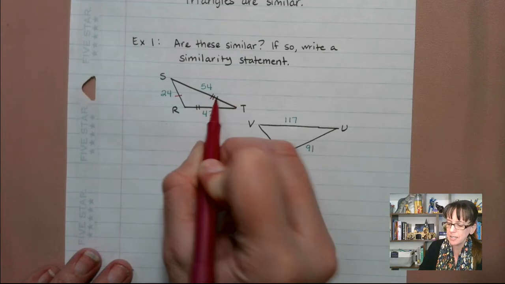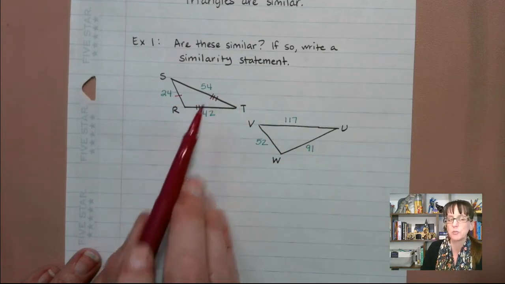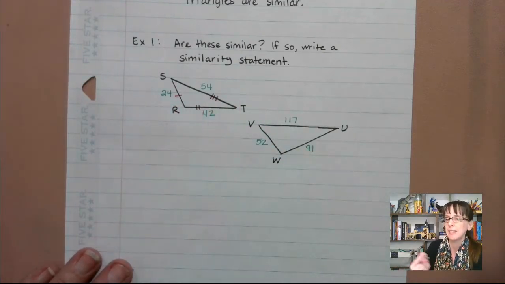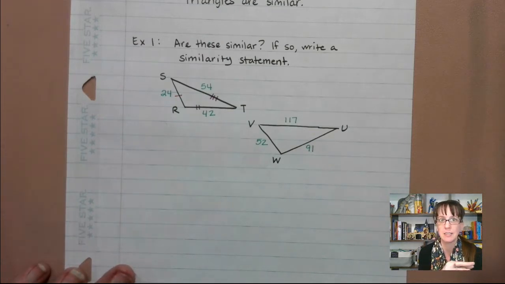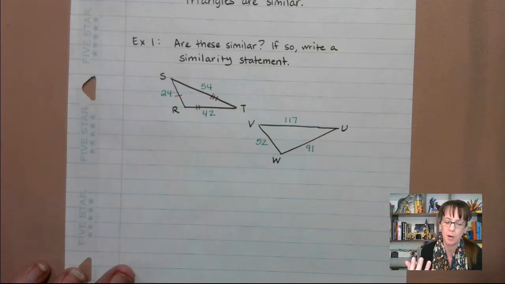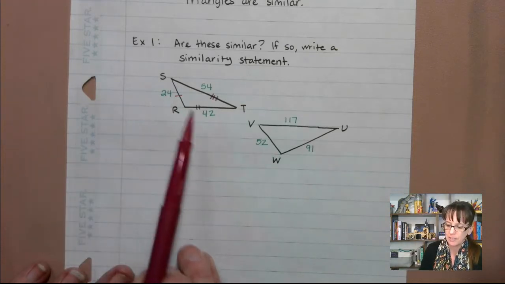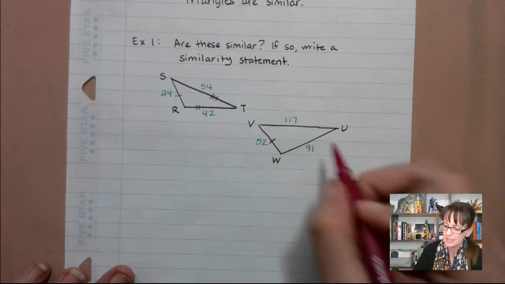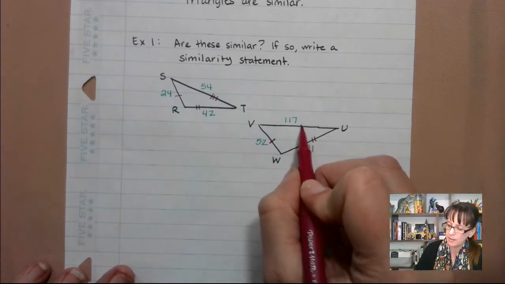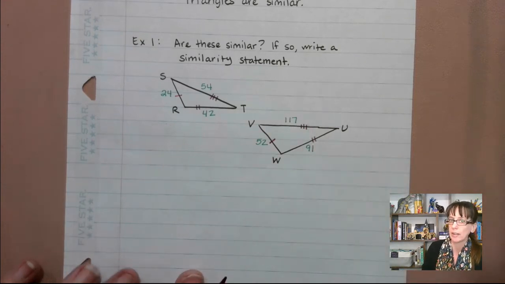I'm using the dashes that we usually reserve for congruent, and that doesn't mean these are congruent. It's just a notation to make sure I'm comparing the correct corresponding parts. So you'll see I took my smallest, my medium, and then my largest. I'm going to do the same over here: the smallest, the medium-sized one, and then the largest, and that helps me organize this.